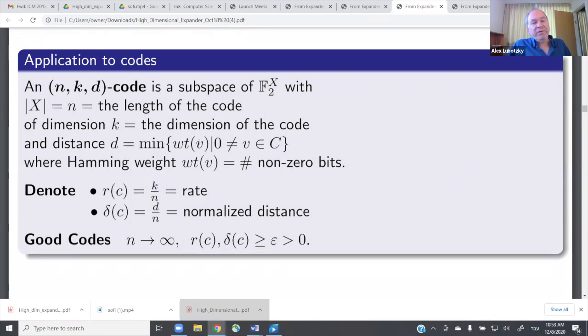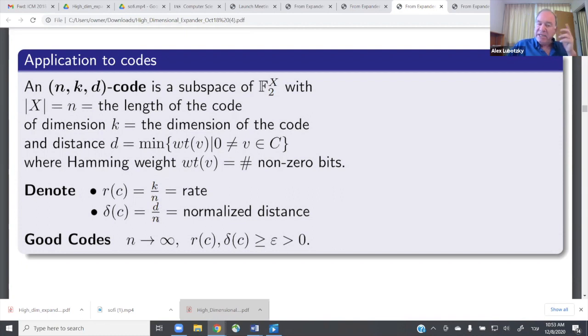And we know that using such an [n, k, d] code, we can send k bits. Instead of sending k bits, we send n bits. And we want the distance to be d, which will enable us to correct d over 2 mistakes. Now, the rate of the code is k over n. The normalized distance of the code is d over n.